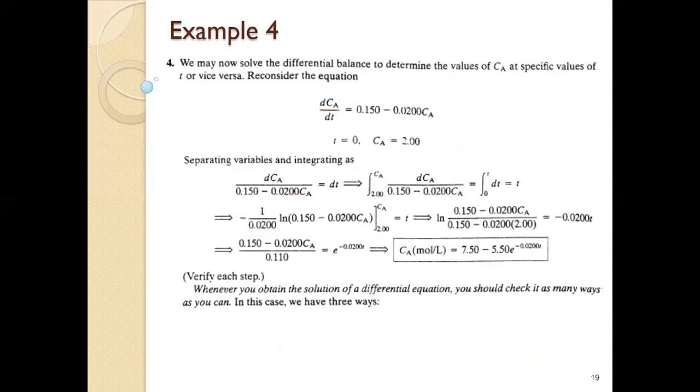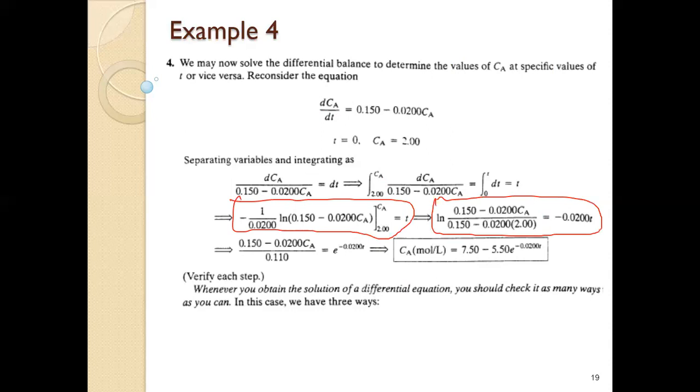Okay, after you take the upper and lower limits, you get time equal to the log term multiplied by this term, and then you get the general equation, right. This term equals this, and this term equals this.